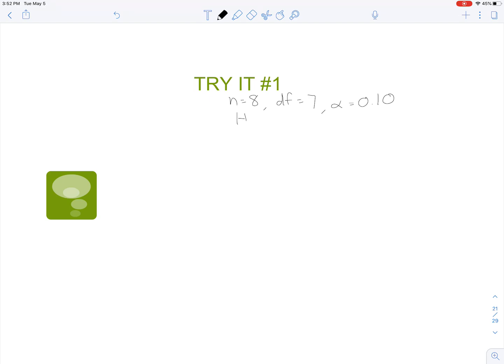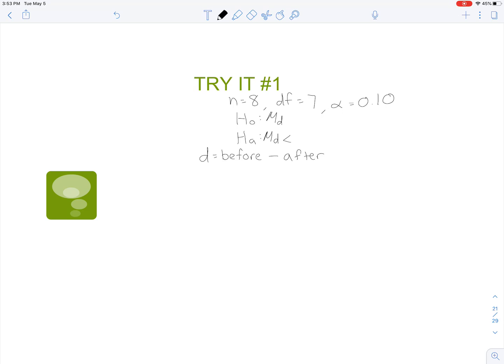So start out by writing your H sub 0 and your H sub a. We're looking for the mu of the d's. The claim is that the athletes can increase their vertical jumps. So if my d is the starting point, which in this case is the height before, minus the ending point, which would be the height after, we would expect to get negative numbers for each of those.